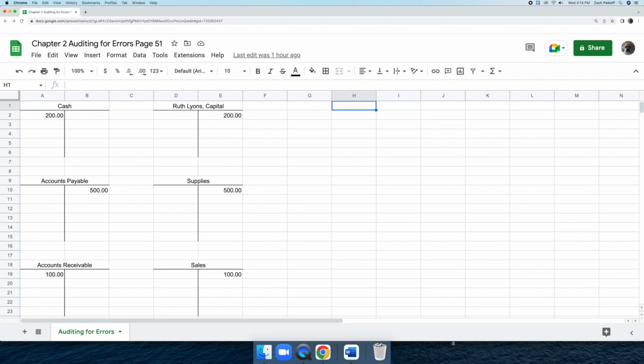So transaction number 2's T account analysis is incorrect, and we determined that this T account analysis is incorrect because there is no debit for this transaction.